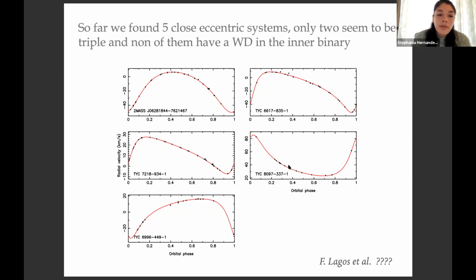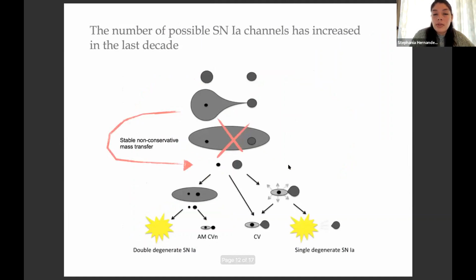The white dwarf with AFGK systems with long orbital periods seem to experience non-stable conservative mass transfer, as the white dwarf progenitors start to expand and fill their Roche lobe. Then they skip the common envelope phase, and some of them do not circularize their orbits.